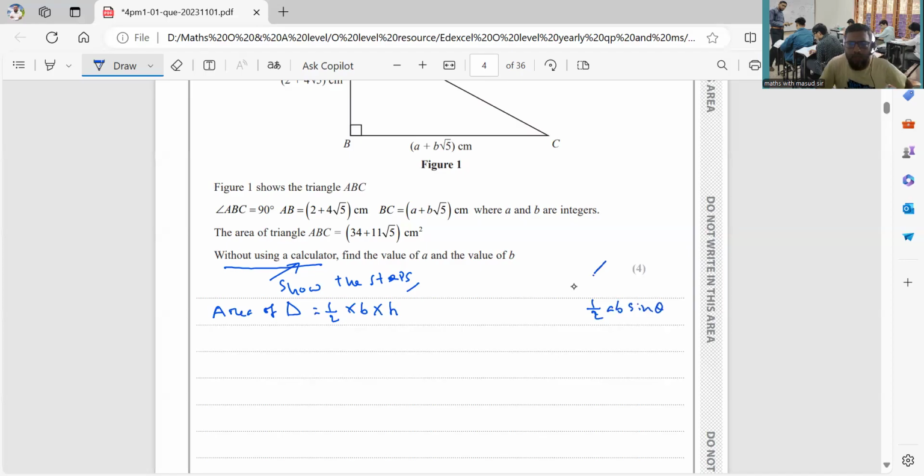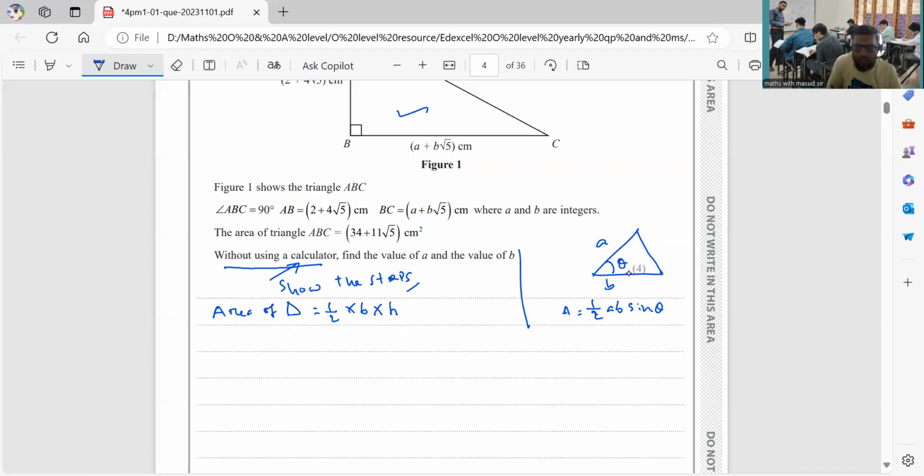We can use this formula when the triangle is given like this, with the adjacent lengths AB given, and the adjacent angle also given here. The angle between the lengths is called the included angle. When this type of diagram is given, we can use this formula. This diagram is actually a right angle triangle, so you can use this one.